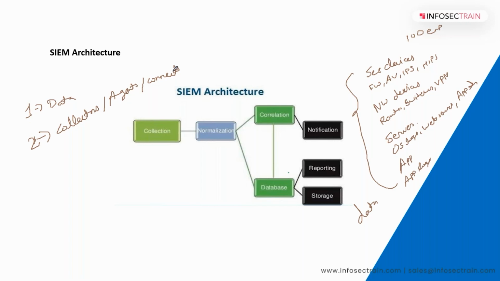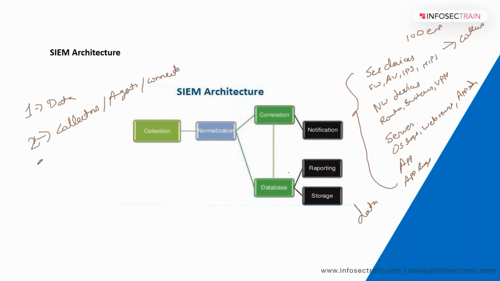Before forwarding it to a central engine, they will include your flow collectors as well. For example, your antivirus and firewall logs will be collected. So we deploy an agent in between, and that agent is going to collect this log.